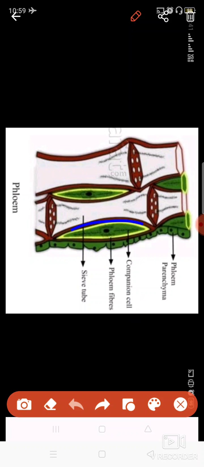See, companion cells are elongated cells, and phloem parenchyma is just like a parenchyma cell which is found attached to the companion cells. The function of parenchyma here is to store the food, and companion cells help in the transportation of the food.